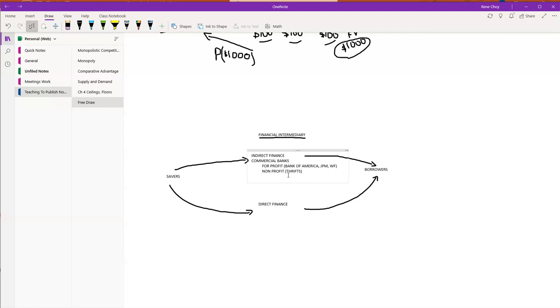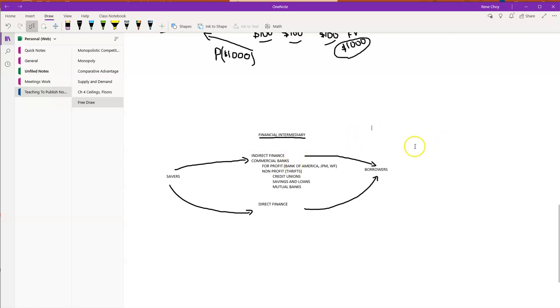Now, thrifts come in three flavors in the US. You have your credit unions, savings and loans, and your mutual banks.